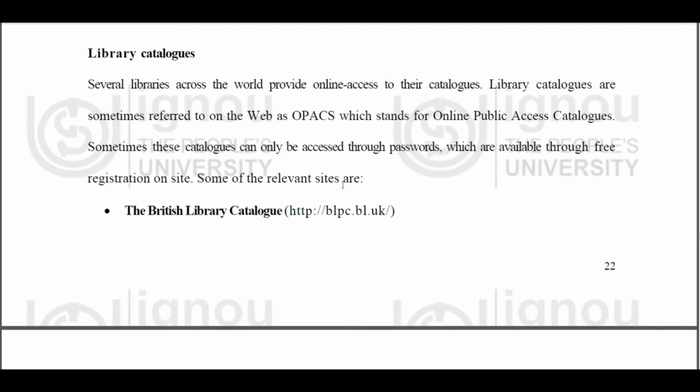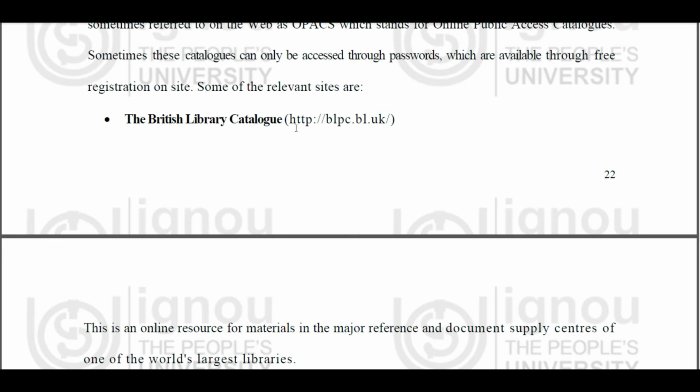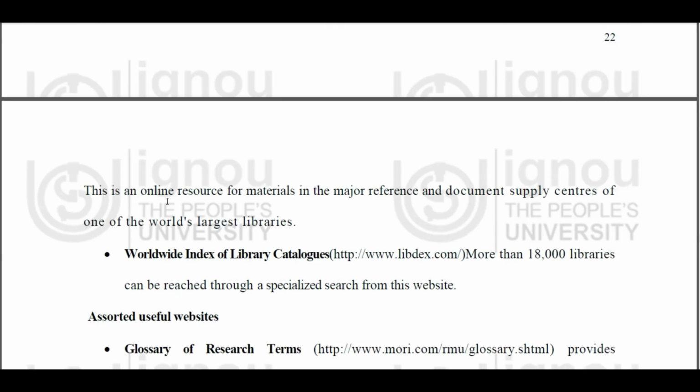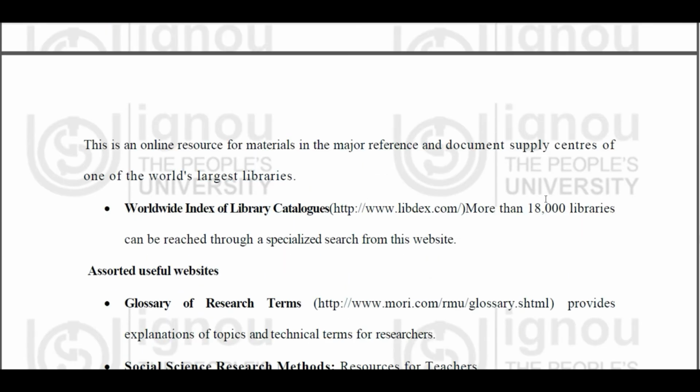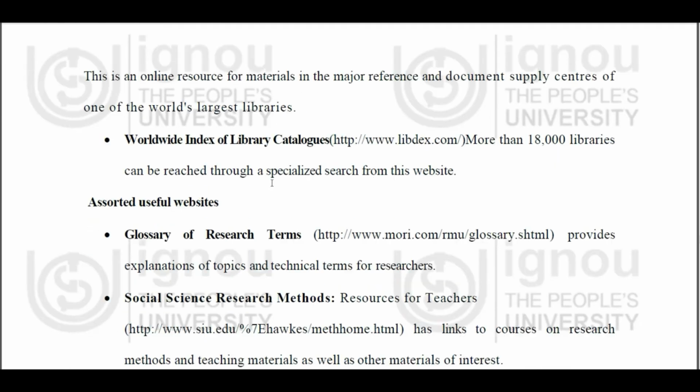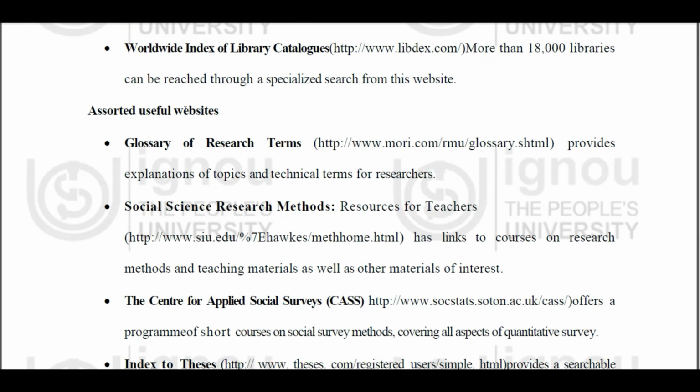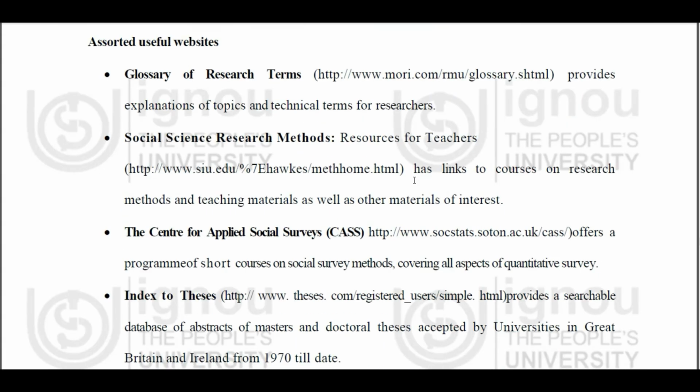Some of the relevant sites are the British Library Catalogue, an online resource of materials of the major reference and document supply centers of one of the world's largest libraries, and the World Index of Library Catalogs, where more than 18,000 libraries can be reached through a specialized search from this website.